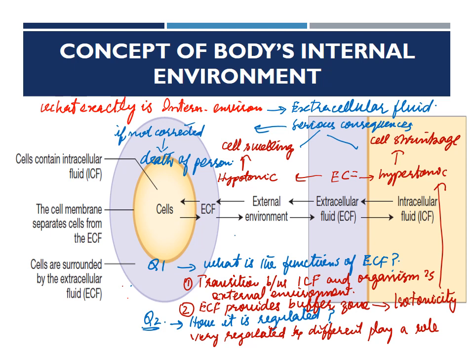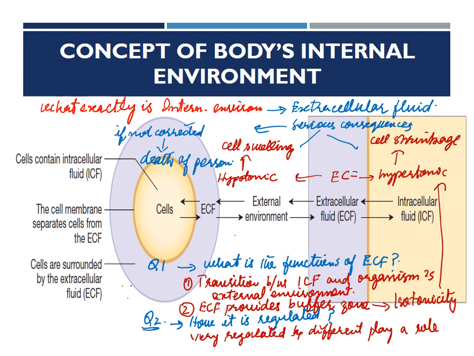Okay. So simply, extracellular fluid, you can say it is a transition between the circulatory system and the cells. Do you agree with this? Transition means its composition is continuously changing according to the requirement of the cells.